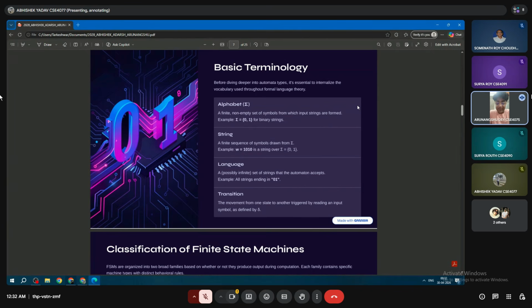Second is string, a finite sequence of symbols. Third is language. Language is a set of strings that the automaton accepts. Fourth is transition, the movement from one state to another triggered by reading an input symbol. Abhishek, next slide, please.